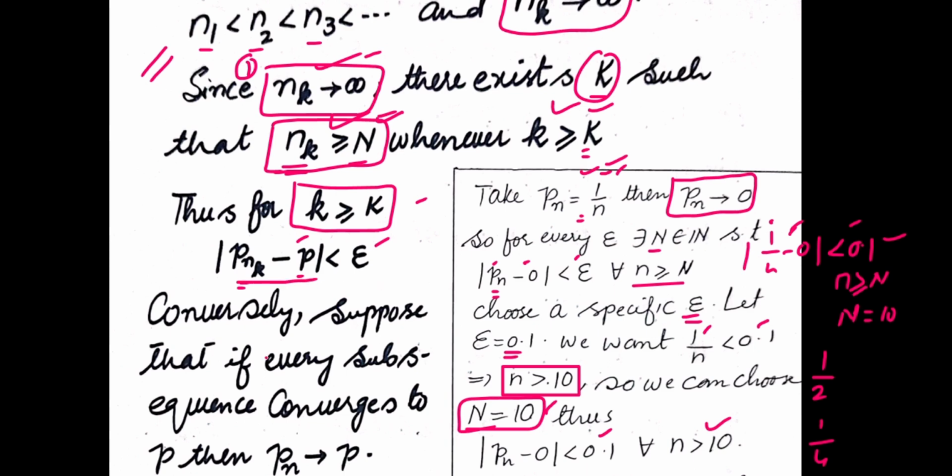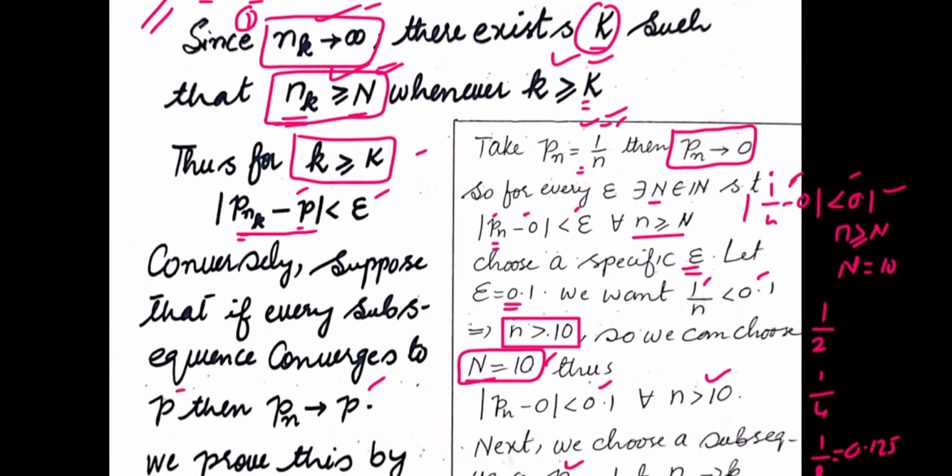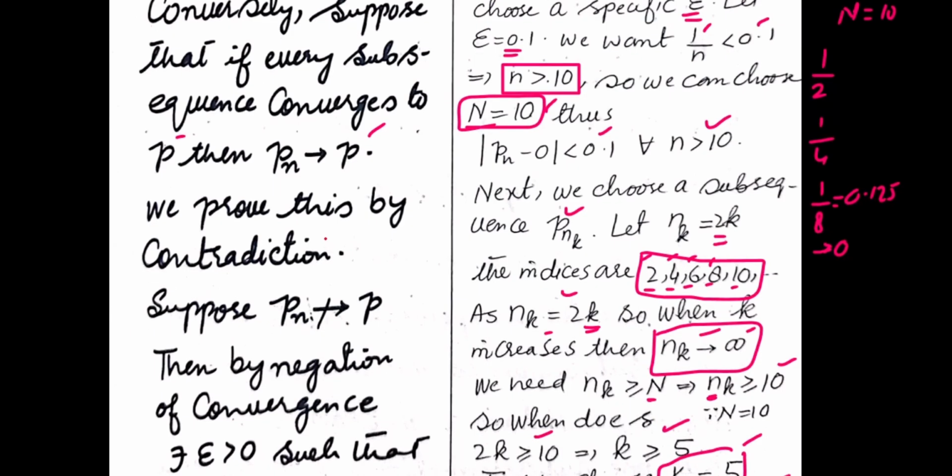Conversely, suppose every subsequence converges to p. Then your original sequence pn also converges to p. We prove this by contradiction. We suppose pn does not converge to p. Our supposition is that every subsequence converges, but we suppose by contradiction that the original sequence pn does not converge to p.